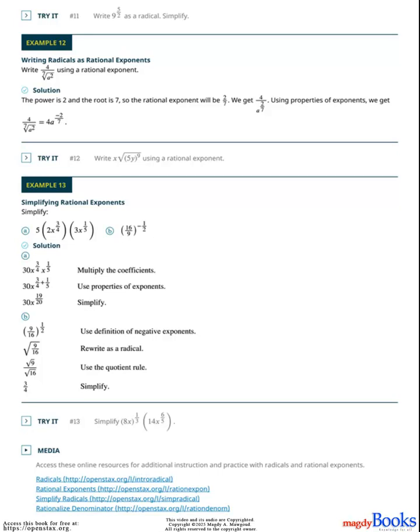Equals square root of 9 over square root of 16. Use the quotient rule. Equals 3 over 4. Simplify. Try it, number 13. Simplify (8x) to the power of 1 over 3 multiplied by (14x to the power of 6 over 5).